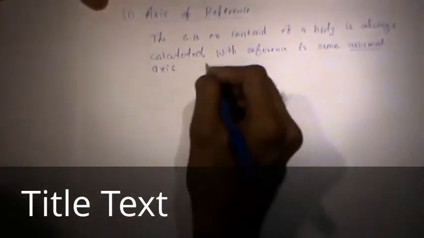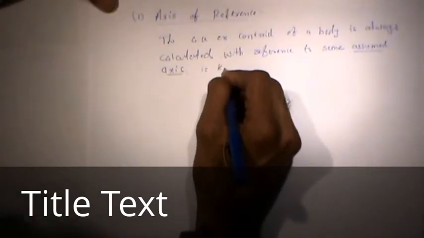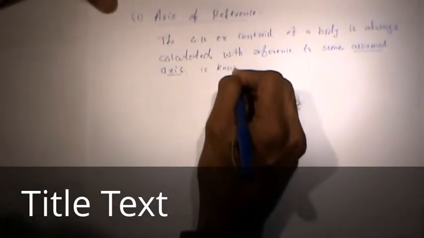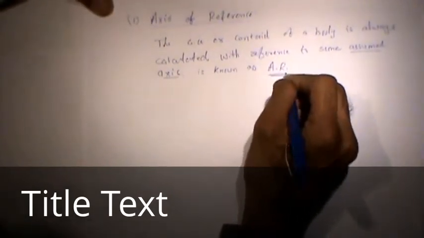So this assumed axis is known as axis of reference.